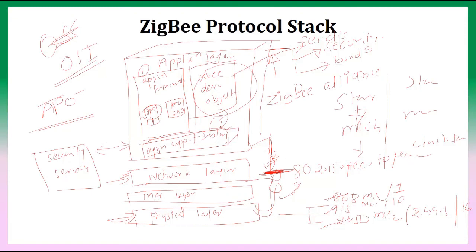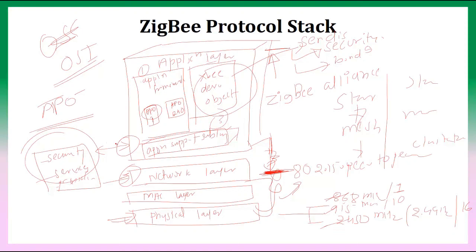One segment is remaining, security services. So security service provider, SSP. What is the function of it? ZigBee provides a security mechanism for your network layer and application support layer.